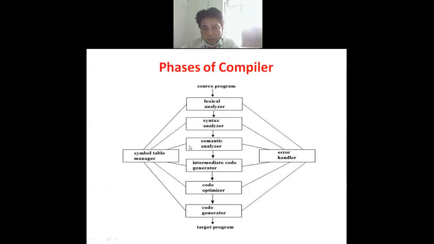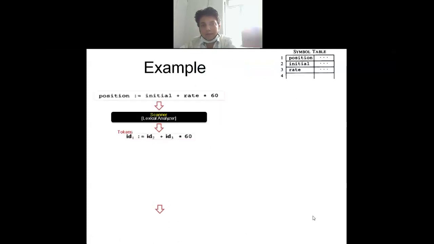So we discussed all the phases of the compiler, and what task is done by each individual phase, by taking an example. What the lexical analyzer can do, what the output of the lexical analyzer is as the input to the syntax analyzer. All of this we already discussed in this example.